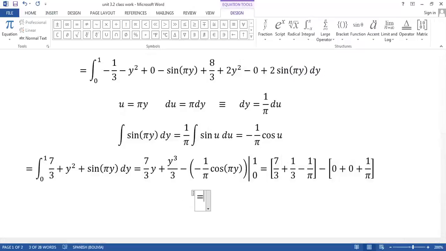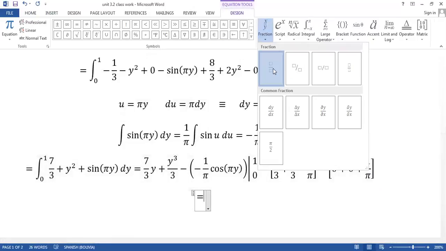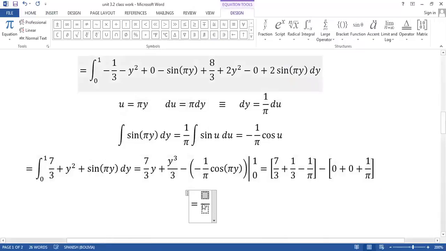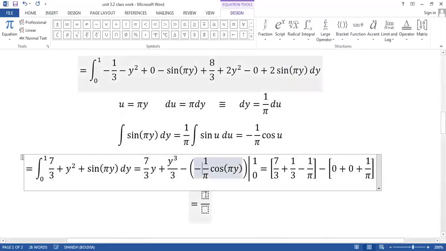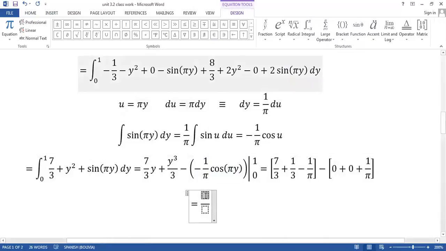Equals. So this just becomes 7 over 3 plus 1 over 3, which is 8 over 3. And that becomes minus pi, minus and minus, so it becomes minus 2 pi.